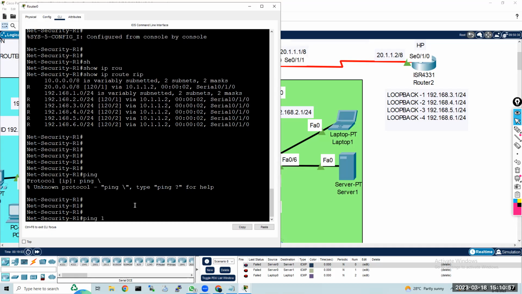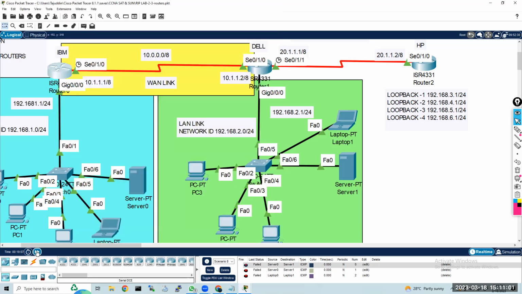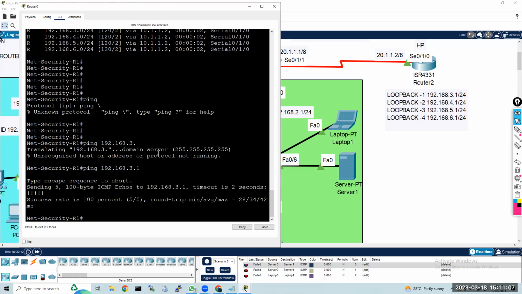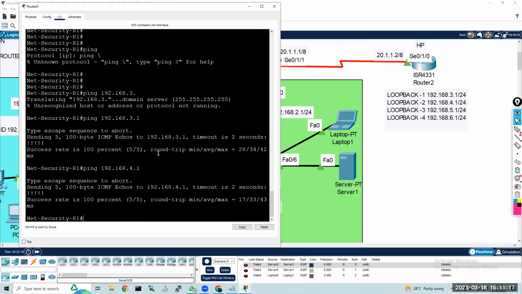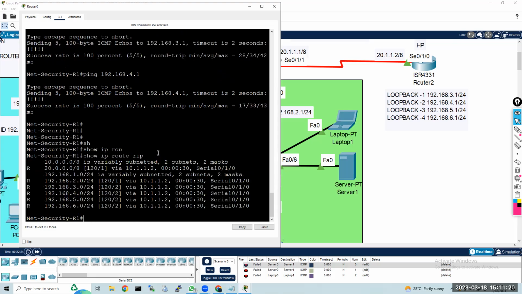Let me ping the loopback 192.168.3.1. This guy asked you a good question. He asked about 20.0.0.0, which I didn't show. Yes, it is showing now in show IP route RIP.